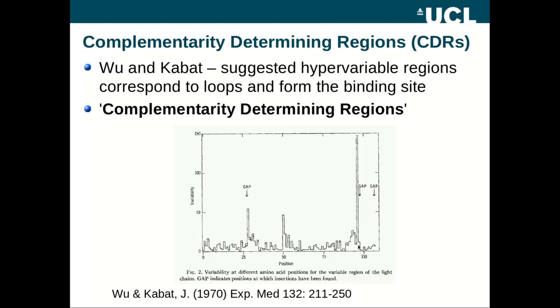And based purely on that sequence information, they suggested that these would form loops and that they would end up coming together to form a binding site, and therefore they referred to them as hypervariable loops or complementarity determining regions.